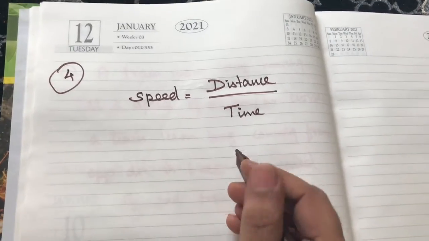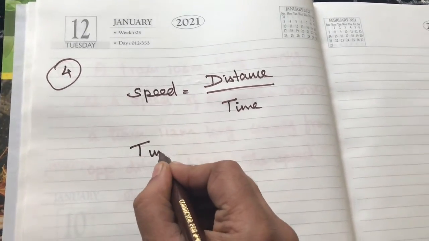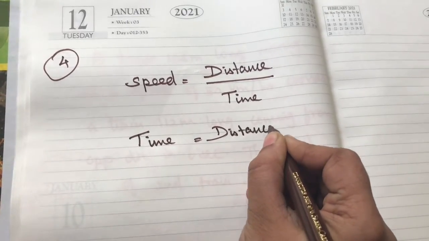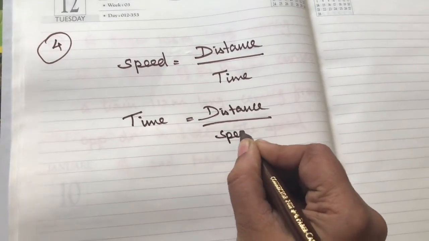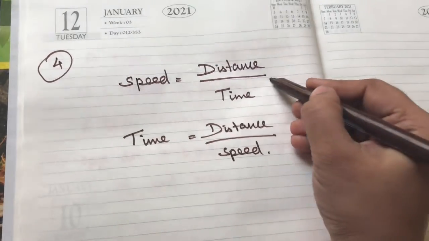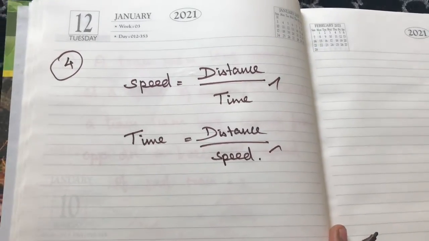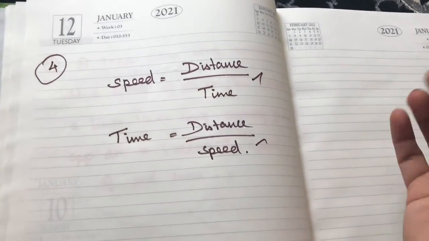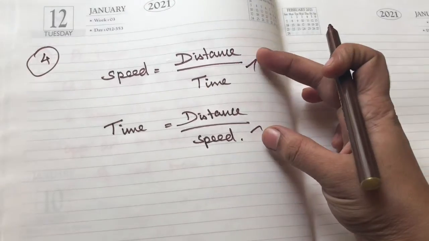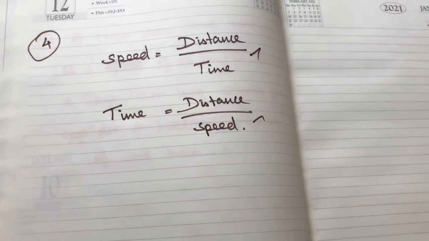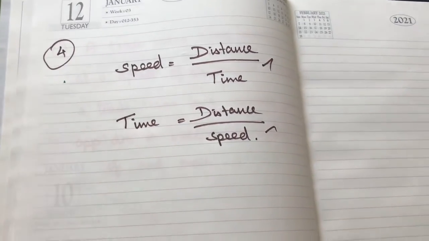We know this formula, so we can easily write time will be equal to distance by speed, right? These are the two very important formulas for this train sum. We can easily use these two formulas to solve any kind of problem by using these four cases, right?